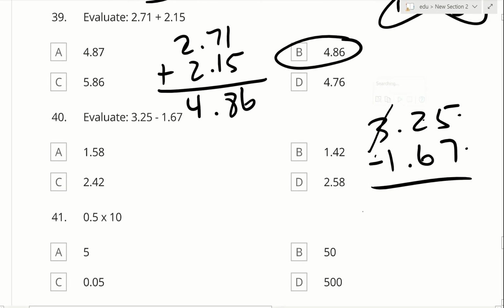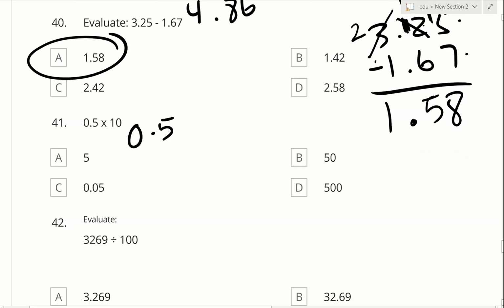So if I take 1 from the 3, this is going to become 2. I put the 1 in front of the 2. This becomes 12. But I'll also have to borrow from the 12. If I take 1 from the 12, it's going to be 11. Then I put the 1 over here in front of the 5. So it's going to be 15. So 15 minus 7 is 8. 11 minus 6 is 5. 2 minus 1 is 1.